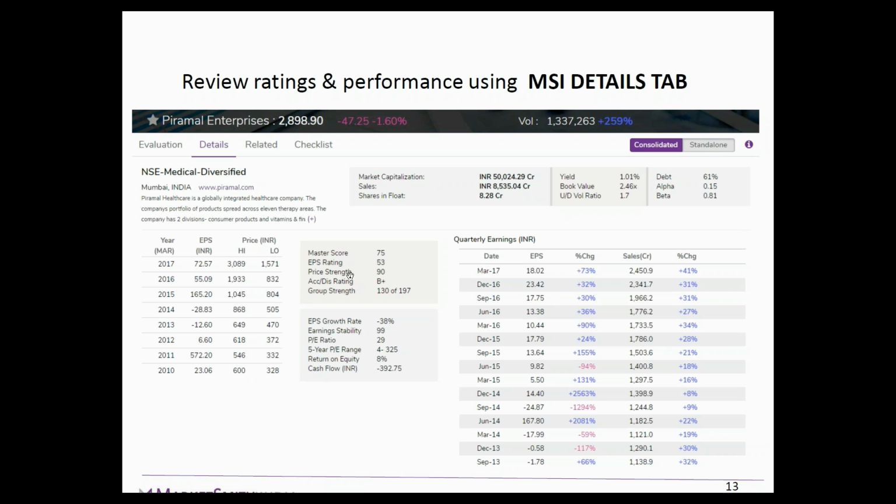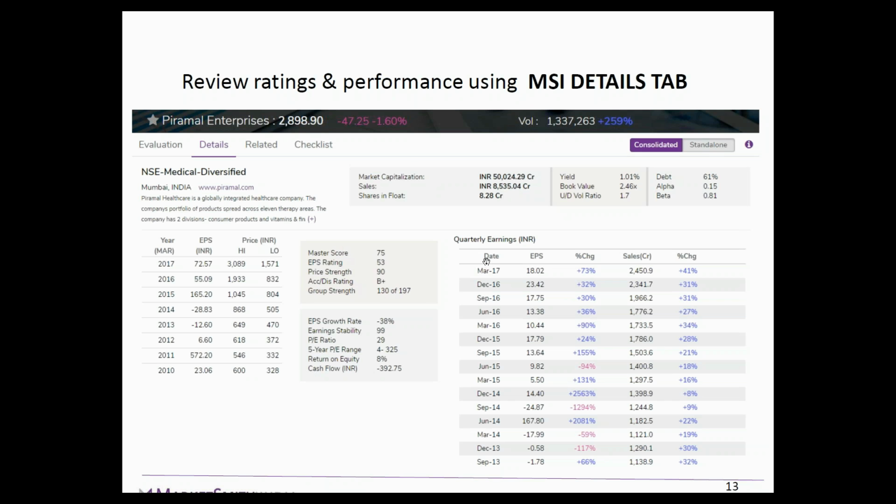For this stock, we see the master score is 75. Then the EPS rating is 53. The AD rating, if you see, is B plus. The group strength is 130 out of 197.